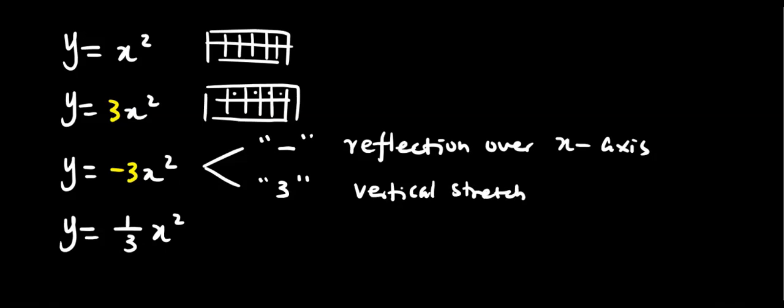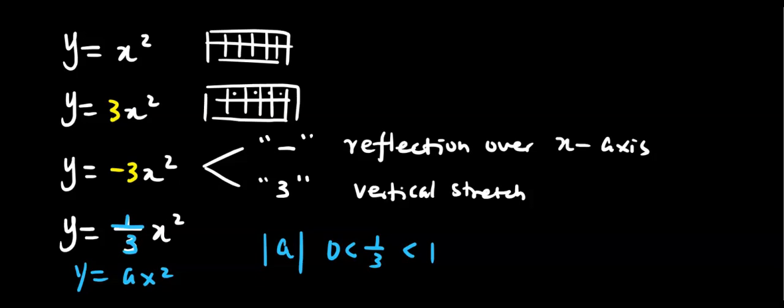And then we look at our new one. The new one says 1/3. This time, in the form y equals ax squared, the a is less than 1. Okay, so 1/3 is greater than 0 and less than 1. Now, we say a vertical shrink occurred.